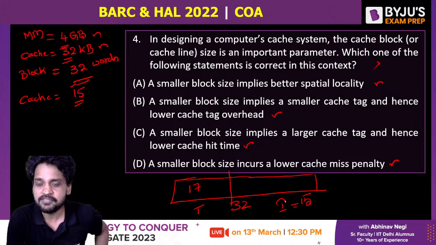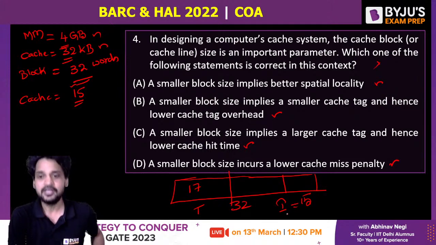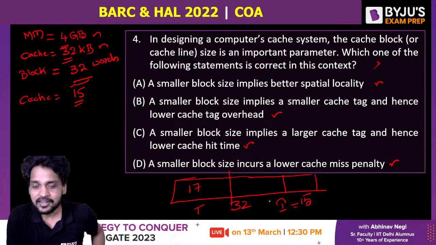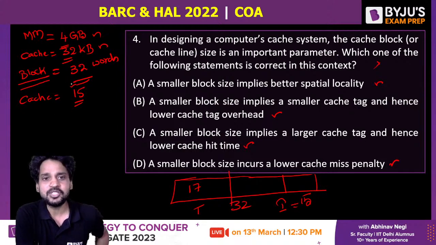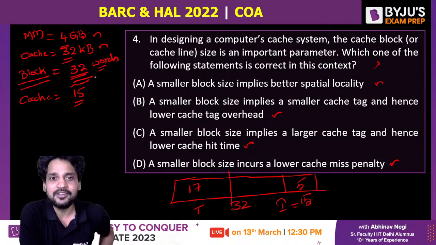Here, index will be further subdivided into two more fields: the word field and the number of blocks. The word field is determined by the block size. A block is equal to 32 words, so the word field will be 5 bits, because 32 words require 5 bits.